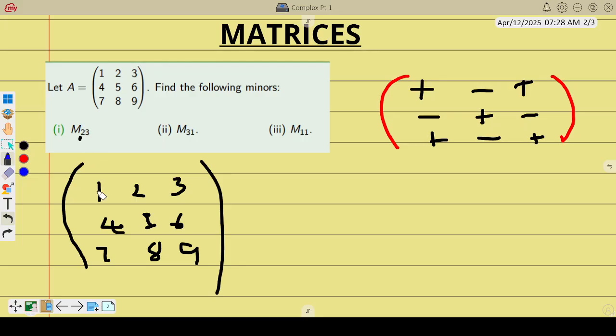So when we want to find M23, what we do is we eliminate the second row and the third column. Second row, third column.